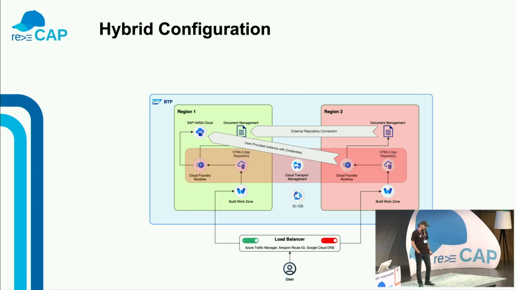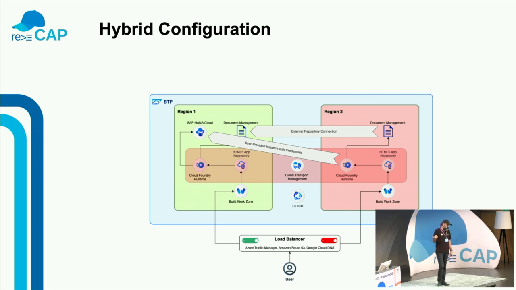And for the DMS part, there was a different configuration. DMS has an integration option and a repository option configuration in the Cloud Foundry spaces. And you can create an integration option. The integration option does not store anything, but you need to have a repository option, and this is the actual place where your files are stored. So in the first region, I have created the document management service repository option and integration option together.